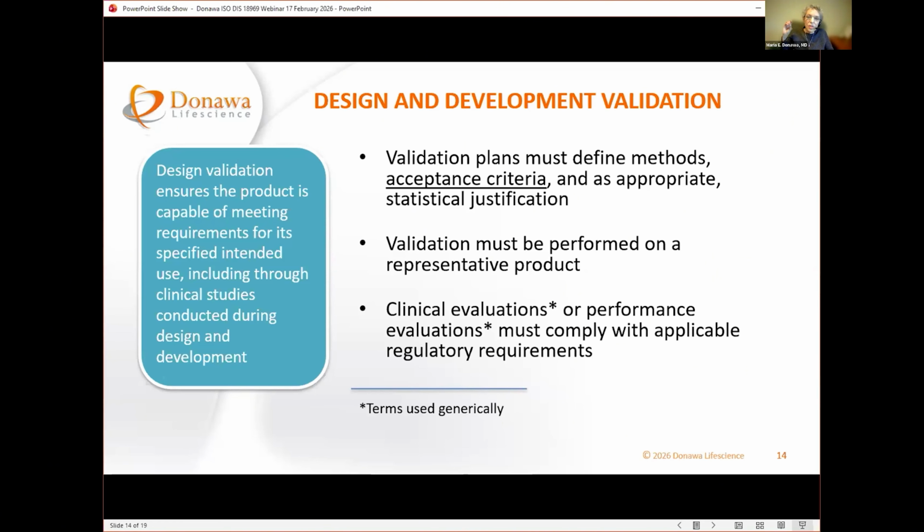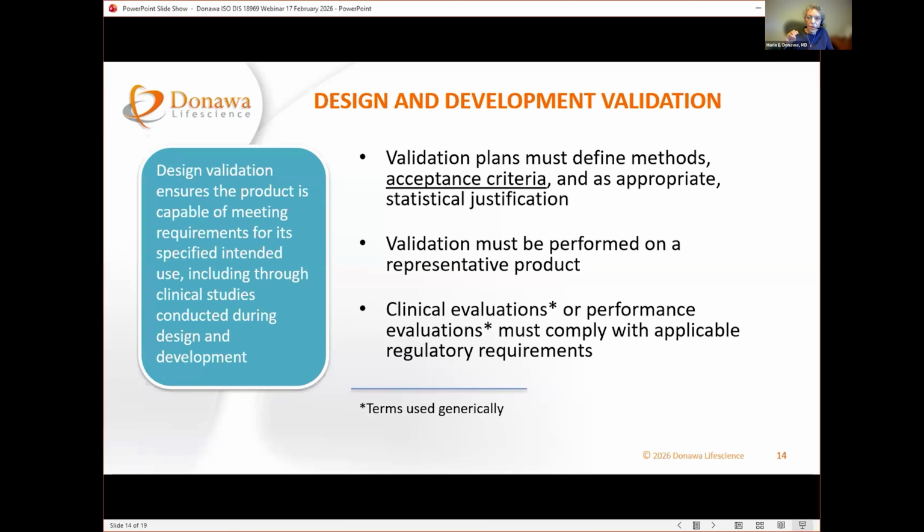And just pointing out something in the standard, 13485 mentions clinical evaluations or performance evaluations in the case of IVDs. So it states that clinical evaluations or performance evaluations must comply with applicable regulatory requirements. That's a small statement. It's a big meaning. It's speaking, however, generically.